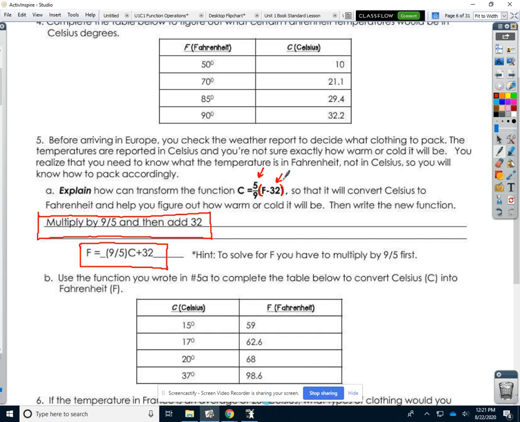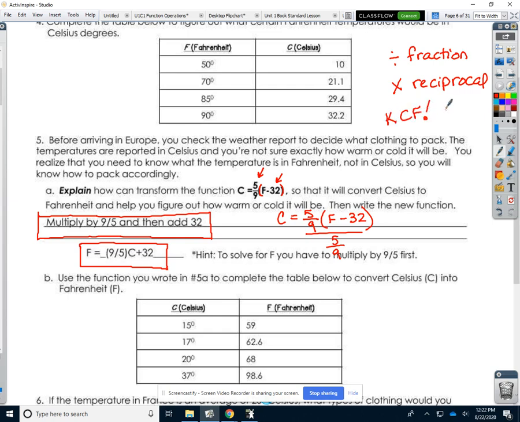Technically, to get f by itself, we could say we're going to divide both sides by 5/9. But when you divide by a fraction, hopefully you remember that anytime you divide by a fraction, you need to multiply by the reciprocal. You might have heard your teacher saying, keep, change, flip.